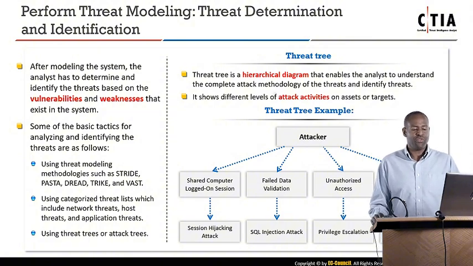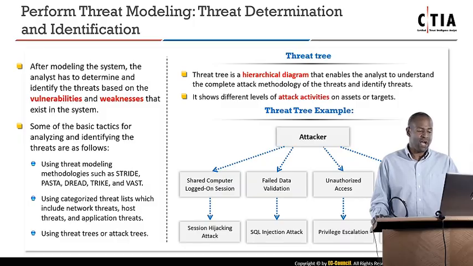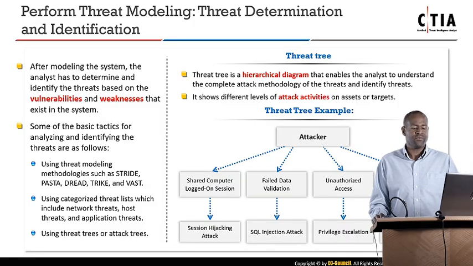And then you see this one listed here, VAST, which is the Visual, Agile, and Simple Threat modeling methodology. What happened with VAST is that all of these different models were reviewed, and they looked at some of the issues and challenges that each one had, and they made a new model based upon that, with three stipulations. Number one, it has to scale across the entire infrastructure, especially into the entire DevOps portfolio.